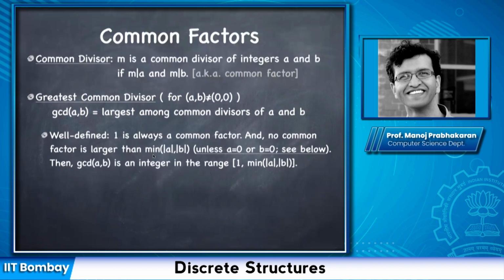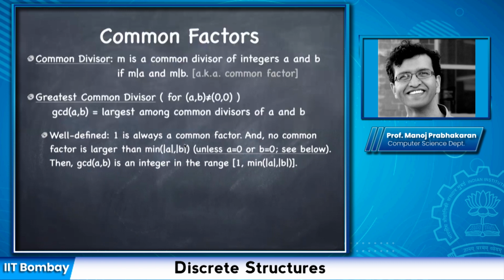Say a is less than or equal to b, then the divisors of a are all less than or equal to a in absolute value, and therefore the common divisors have to be less than or equal to a. So that's an upper bound on the set of common divisors. No common divisor can be larger than either of them.